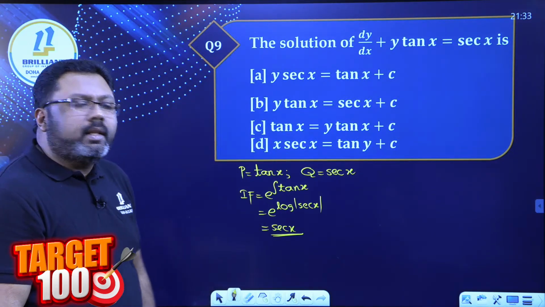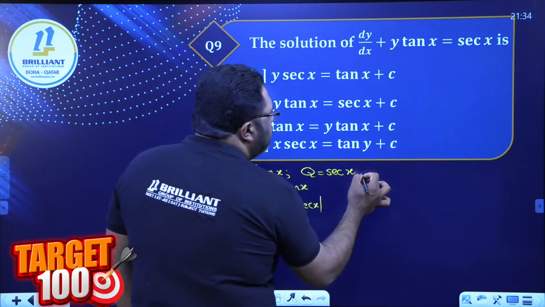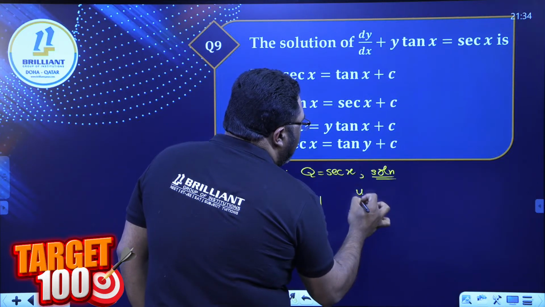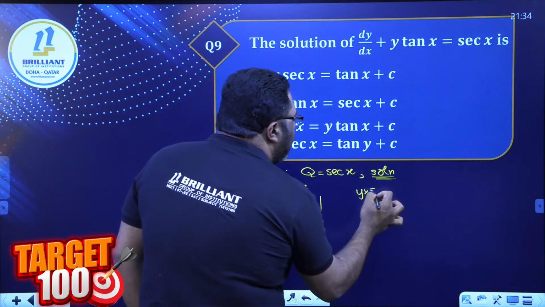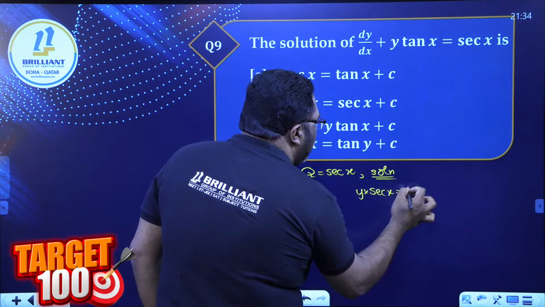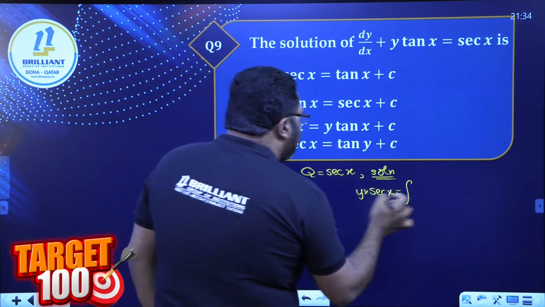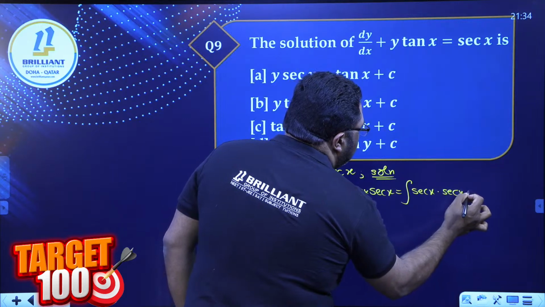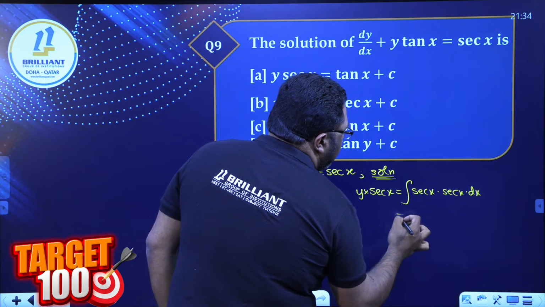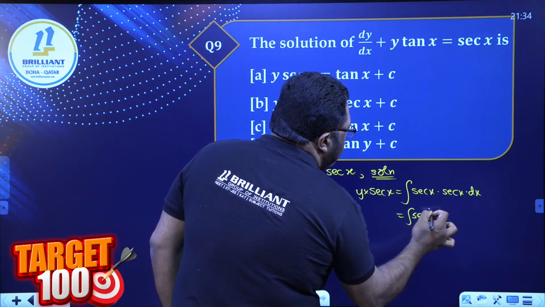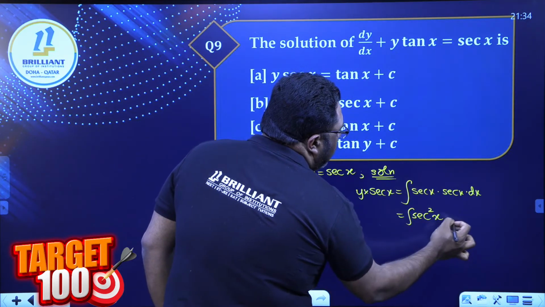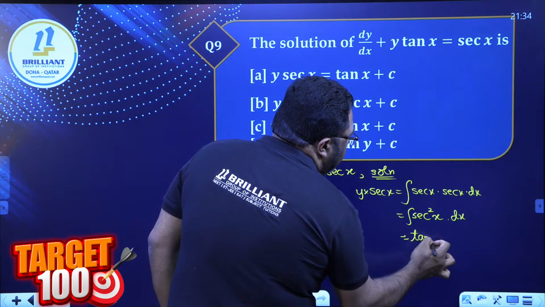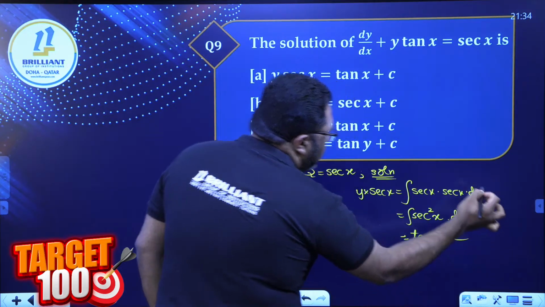What's the integrating factor once again? Sec x. Solution. What is the solution? y into integrating factor is equal to integral q into integrating factor, sec x into sec x, which is sec squared x, and the integral of sec squared x is tan x plus c.